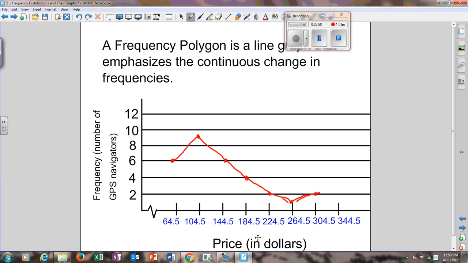And so that's your frequency polygon. Pretty easy.